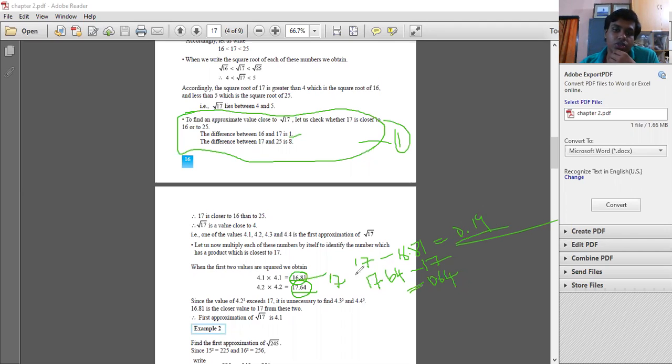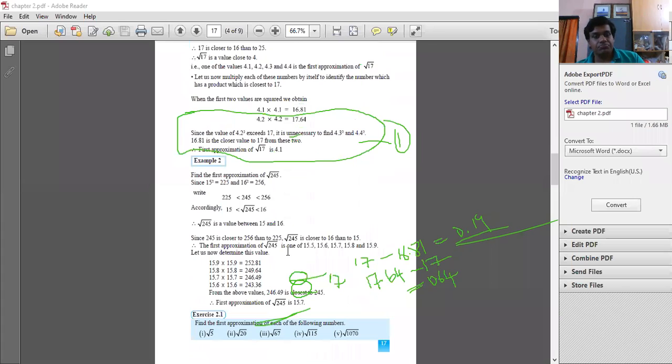This is much closer. So your answer will be 4.1. First approximation is 4.1. The steps are very easy.